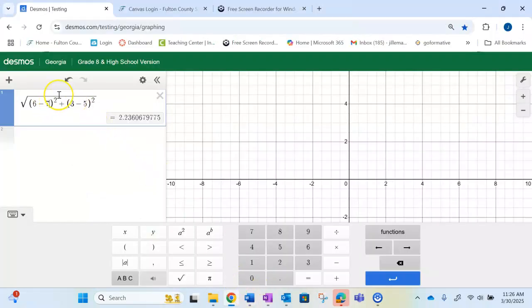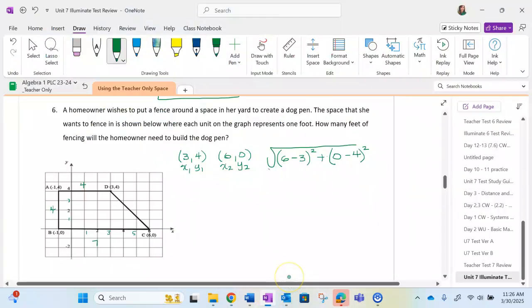So I'm going to say 6 minus 3 squared and 0 minus 4. Make sure you copy it exactly. And the answer is 5. Please go and look and make sure you've got your squares, your minus signs, everything that needs to be there. All right, so we now know this side is 5.